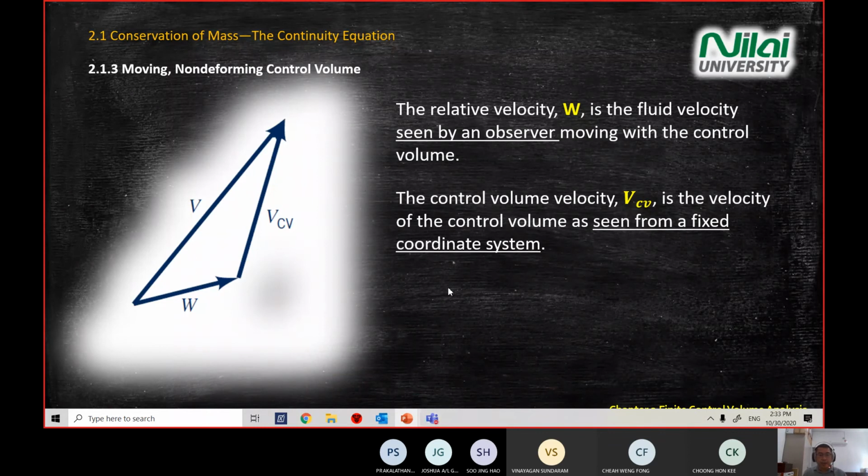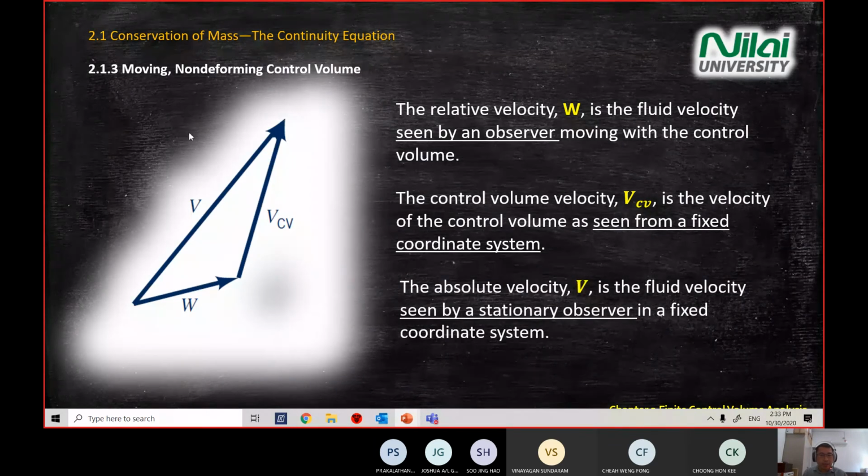All right. Now, just to recap, what we covered last week is that we're looking at a moving, non-deforming control volume, where we focus mainly on the velocity vector. Because of the moving control volume, we can split our vector into two additional vectors, which are here on the screen.